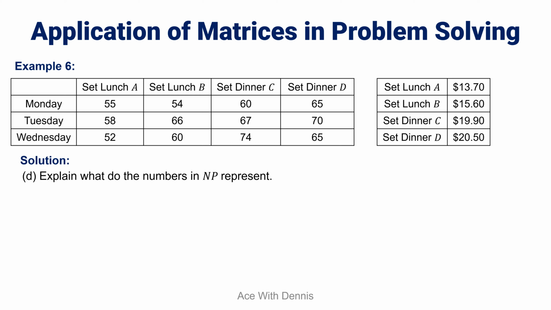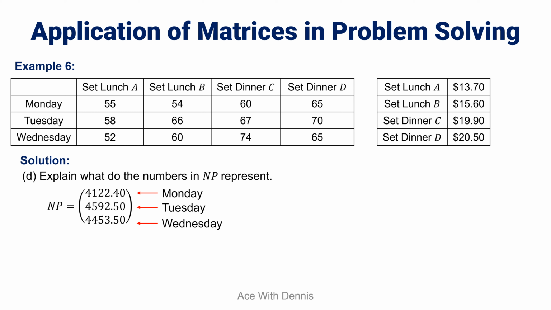Okay, D. Explain what do the numbers in matrix N times matrix P represent. So this is the result we get from part C. The first figure is the total sales on Monday. Second figure is the sales on Tuesday. And the last figure is for Wednesday.